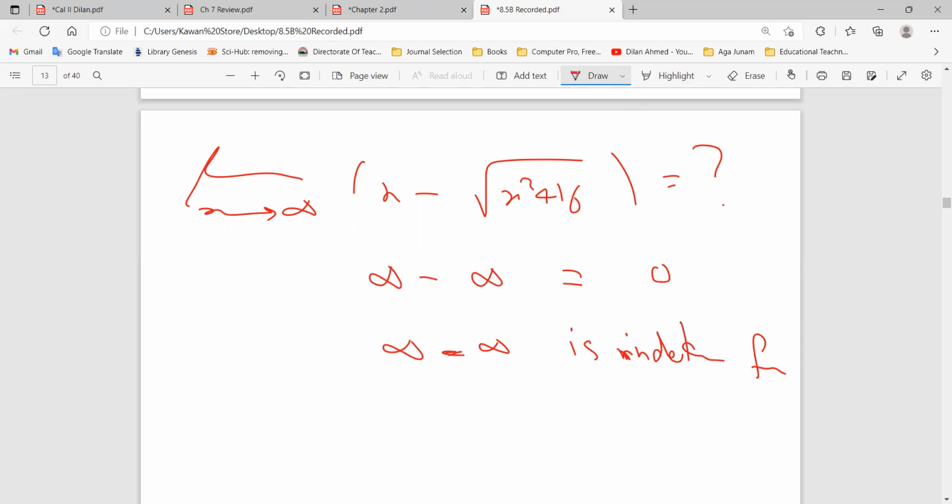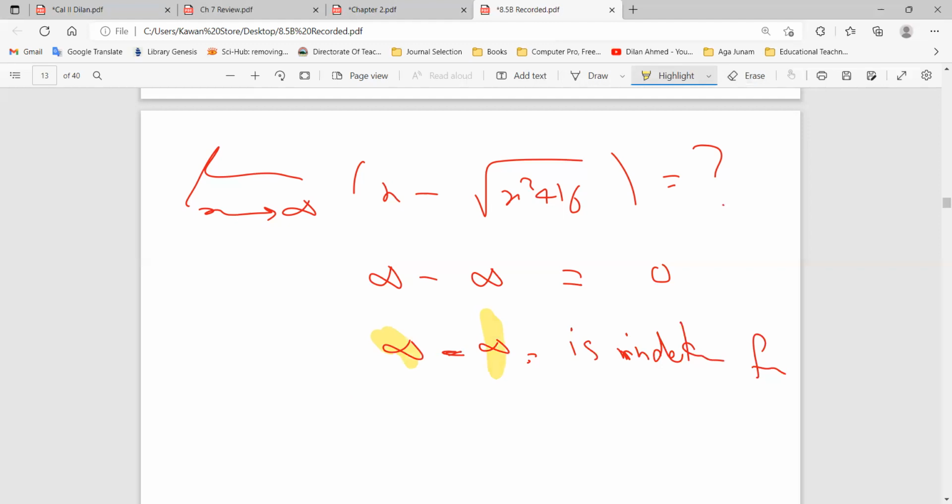Why? Infinite plus infinite is equal to infinite, and infinite minus infinite, sorry, minus infinite. But here we cannot decide anything. Why? Because maybe that infinite is greater than that one, so I'll get infinite. Or maybe that one is greater, so I'll get minus infinite. Because I have two cases, I don't know.